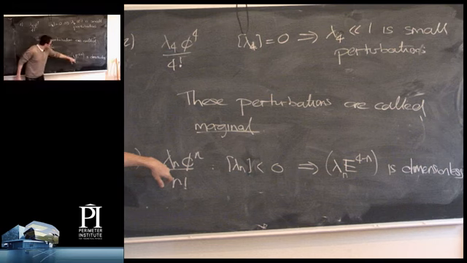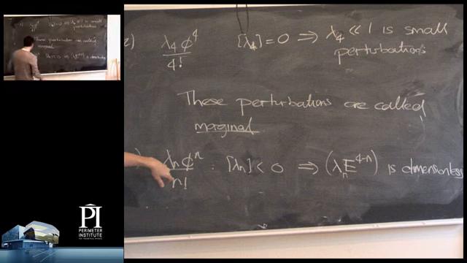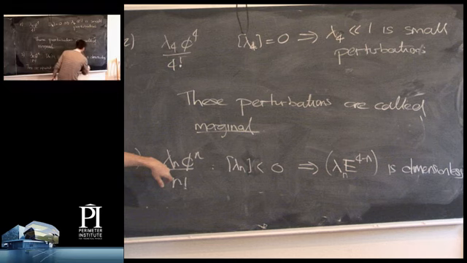In other words, the dimensionless coupling is lambda times E. So what does this mean? This means that these are couplings which are important for very, very high energy processes, but are very small for low energy processes. Okay, when E is small compared to lambda, this is a small number. And there's a name for these. They're called irrelevant.